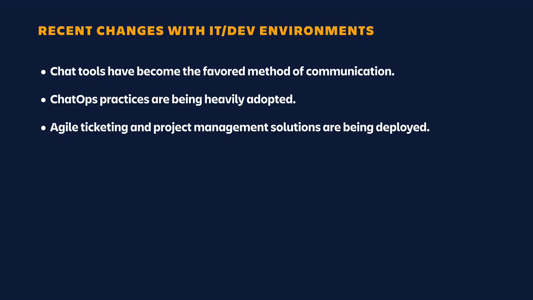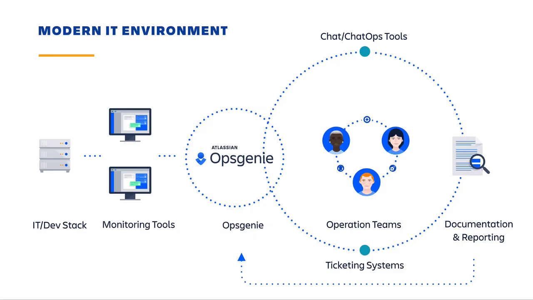Agile ticketing, project management solutions are being deployed, Jira Service Desk, Zendesk, etc. So really, if you think of the entire universe that Opsgenie lives in, we integrate with monitoring tools, but we also integrate with your chat ops tools, your ticketing systems, and this ties into the 200 plus integrations that I was speaking about at the top of the webinar. So no matter what tool you have, Opsgenie has, in many cases, a bidirectional integration with those tools. And you still have the great documentation and reporting on the back end.